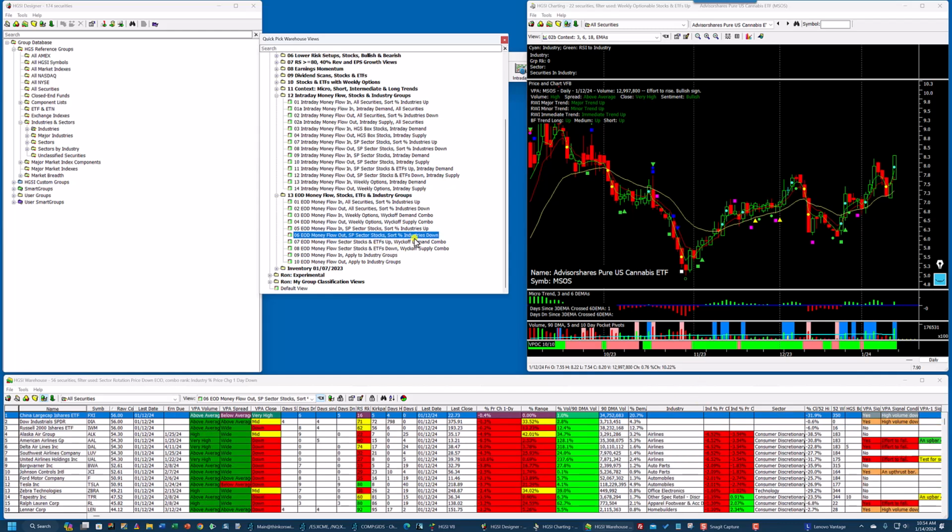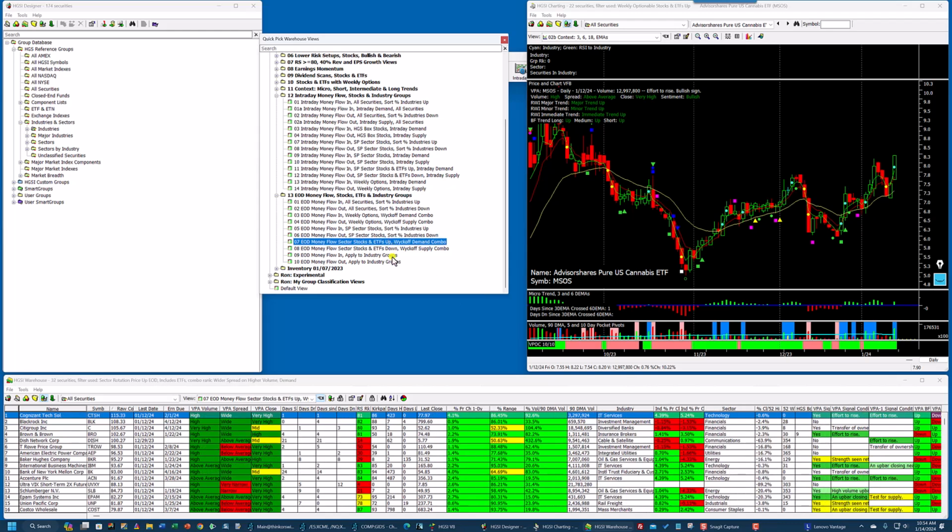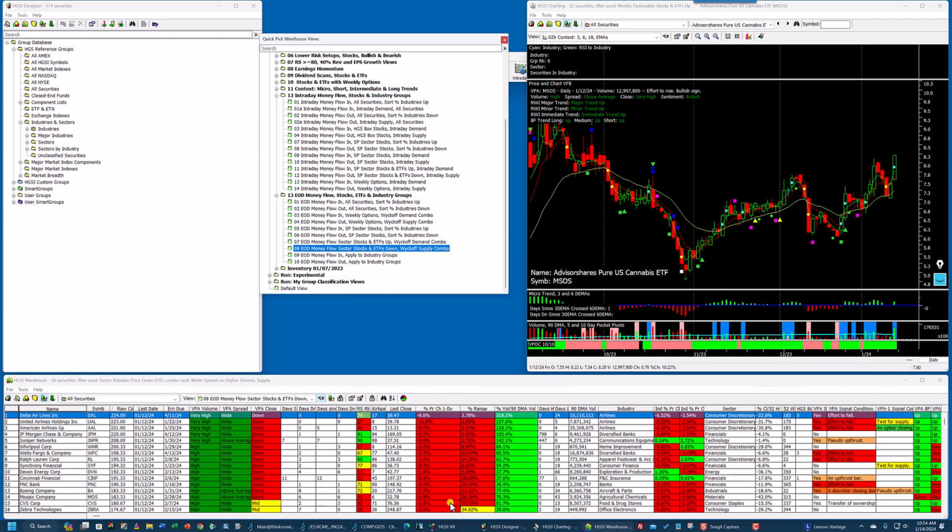These are the sector stocks with the industries down. Now money flow, these are sector stocks and ETFs up based upon the demand combo, or the Wyckoff combo. You know, a lot of these are pretty similar. I may eliminate some of them, but I was just trying to figure out the best way to approach this. But you can see that money is flowing in and out of these stocks based upon the combos.